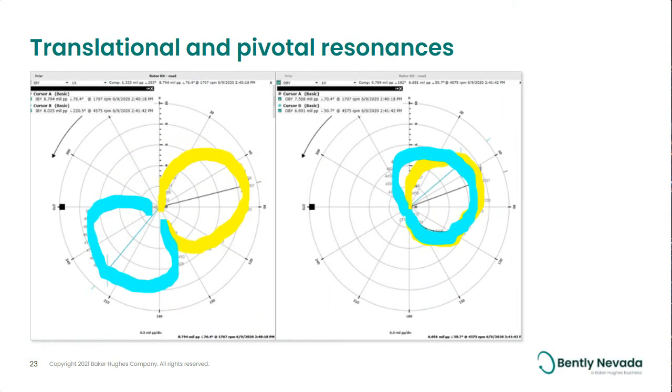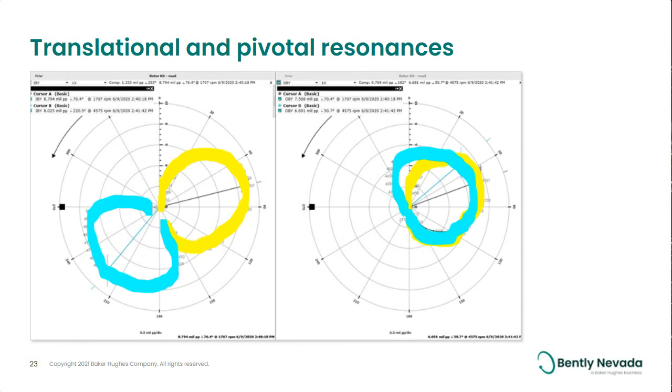Okay, let's talk about translational and pivotal resonances. It's first and second mode, and I apologize, this slide didn't build the way I wanted it to. But you'll see the inboard is on the left and the outboard is on the right, so we're on opposite ends of the machine.